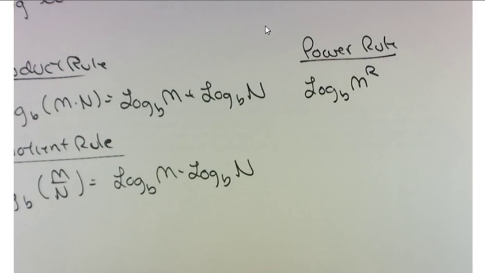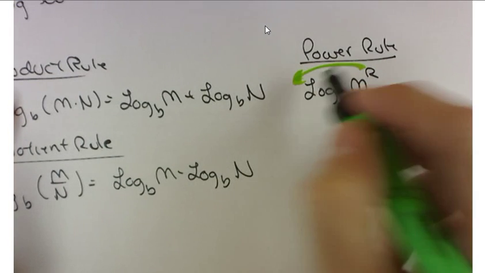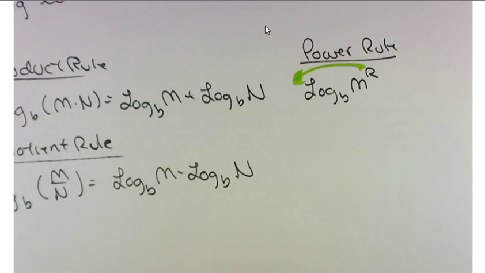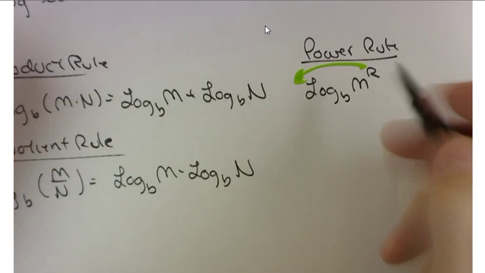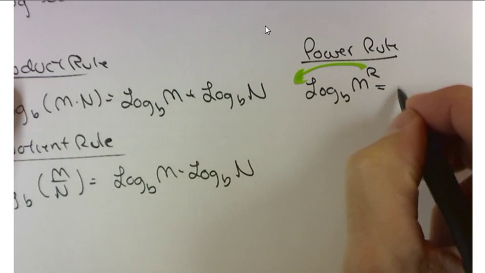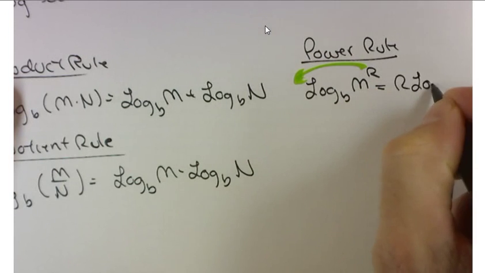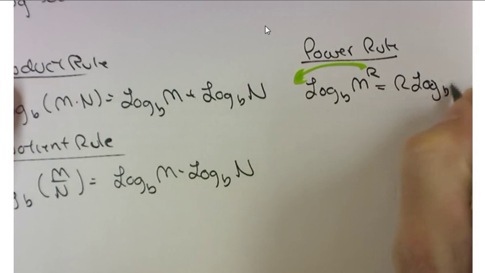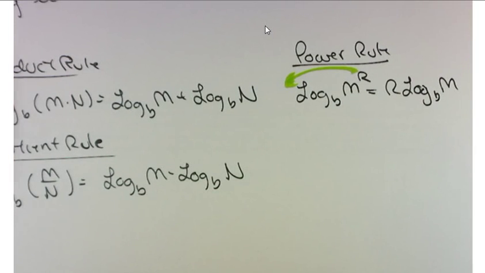I sometimes jokingly call this the parachute rule. I imagine a CEO with this nice parachute clause. He's jumped ship. So he comes out in front and says, oh, okay, I'm out of here. Log base b of m. But that r comes out in front. Now these are your 3 big basic rules. They're going to get a lot of work done for us.